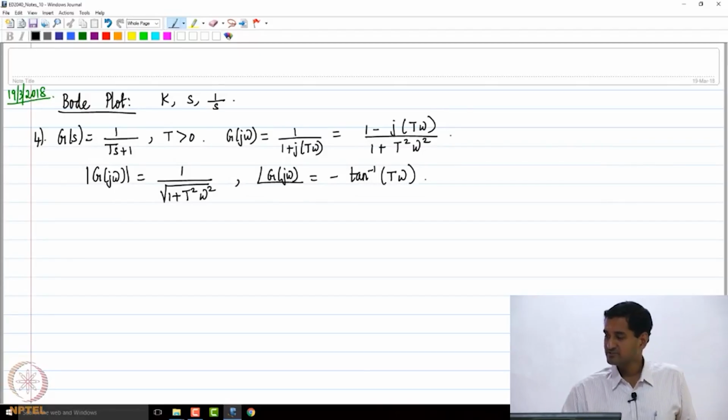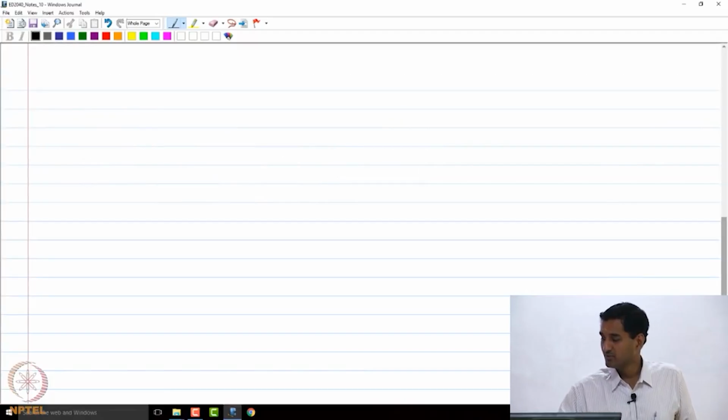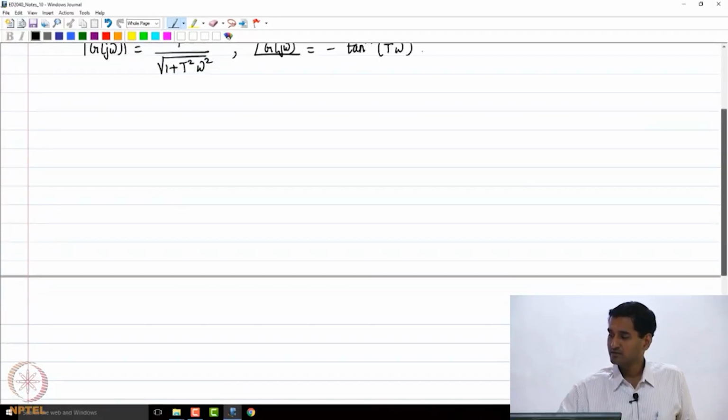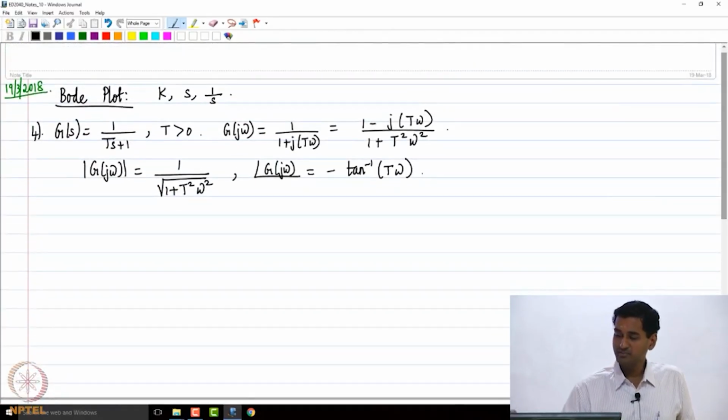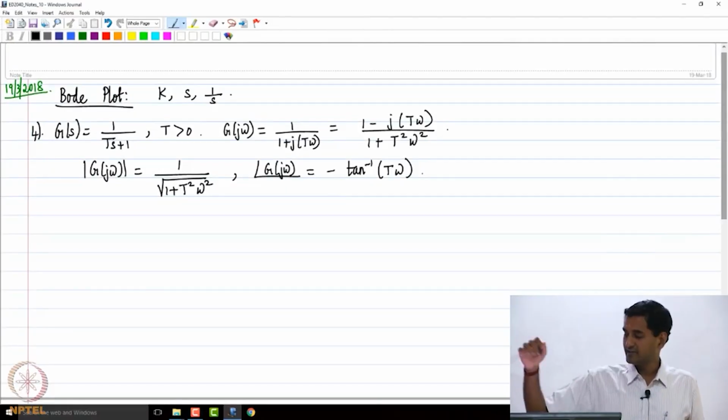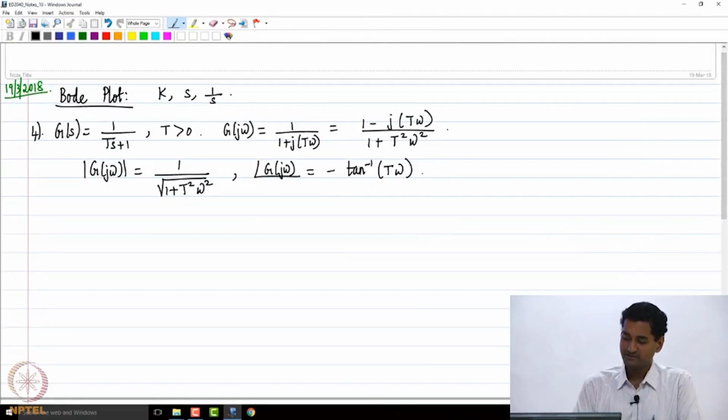As we go to more complex terms, the expressions become a little more involved, but then we are going to do some simplifications. Let us look at the magnitude first and then we will go to the phase. This is what we have as the magnitude and phase of this first order term. Now let us look at the magnitude term.